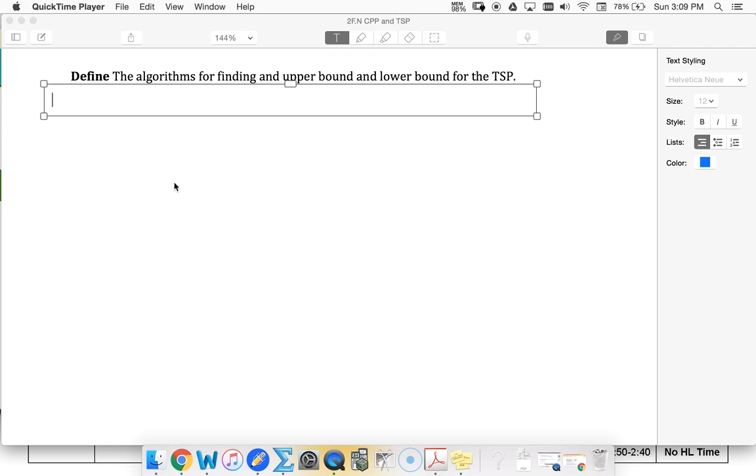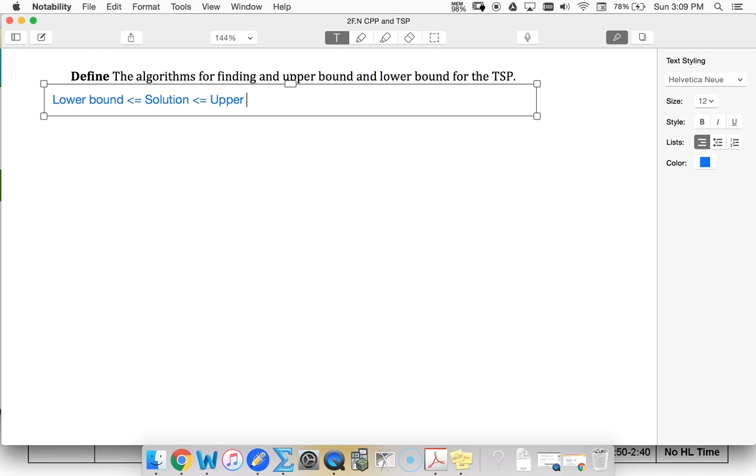So if we think about this, our solution is going to be greater than the lower bound. So we'll have lower bound is less than or equal to, sorry, the math symbols on Notability are terrible, is less than or equal to our solution, which is less than or equal to the upper bound.